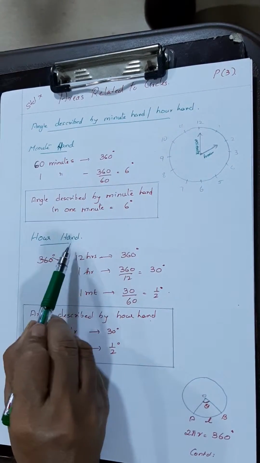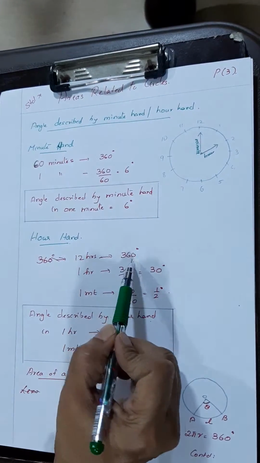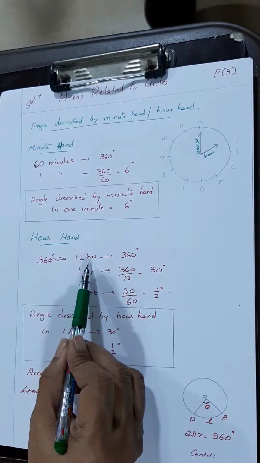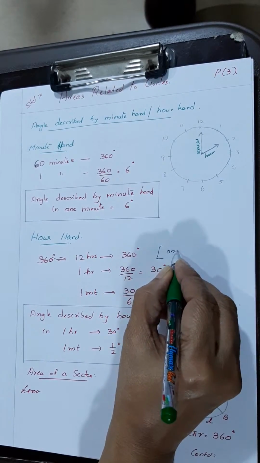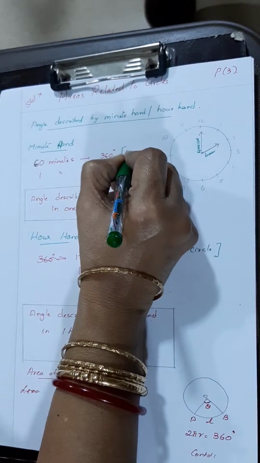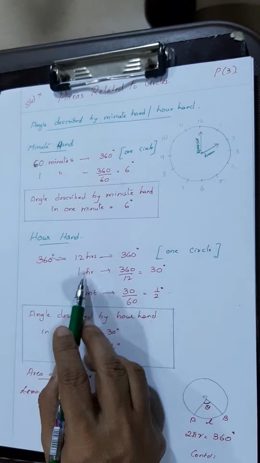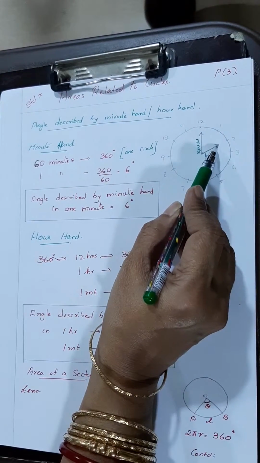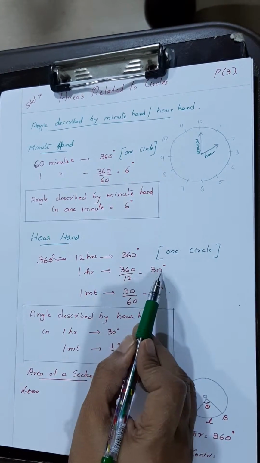And similarly for the hour hand, when it goes one full circle, that is 360 degrees, it will complete 12 hours. In 1 hour, the hour hand, when it goes from 2 to 3, will make 30 degrees.